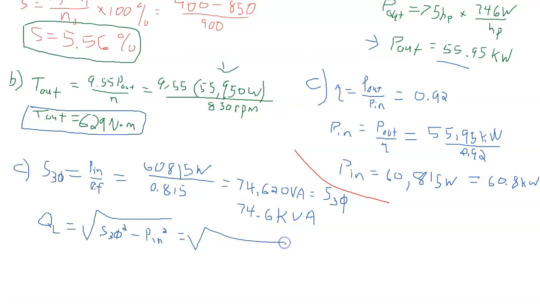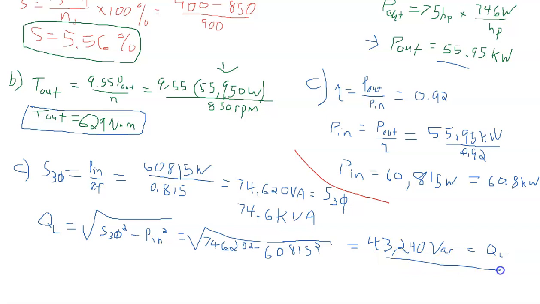And so we get 74,620 squared subtract 60,815 squared, and Q comes out to be 43,240. And remember, the unit on that is voltamps reactive.